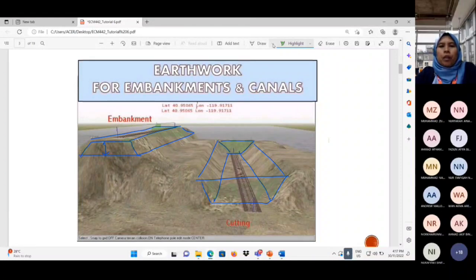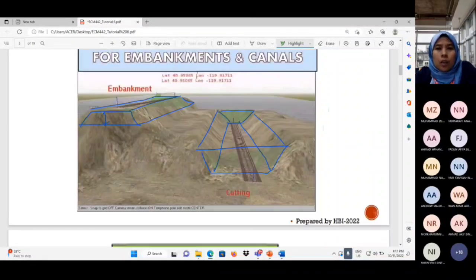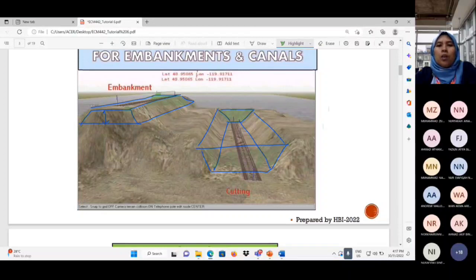So when we want to know the volume, since we know the surface area, you also need to know the length of the canal. So area square meter darab dengan length meter, so you will get the volume basically. Sama juga dengan embankment.